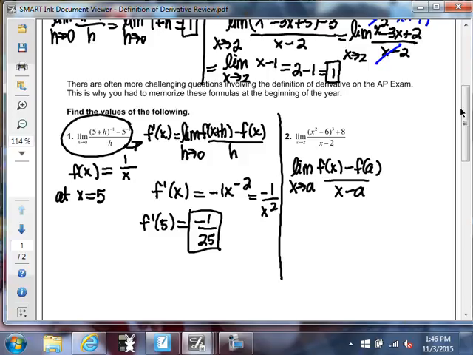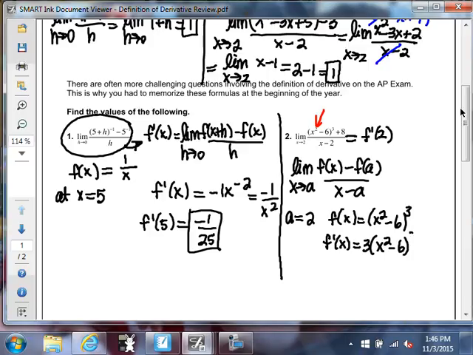So our a value is 2. Do you guys see that? What's f of x? X squared minus 6 to the 3rd, right? It's written right there at the very beginning. It's right here. All right, so what we're finding then is f prime of 2. So f prime of x is going to be 3 times x squared minus 6 squared times 2x.